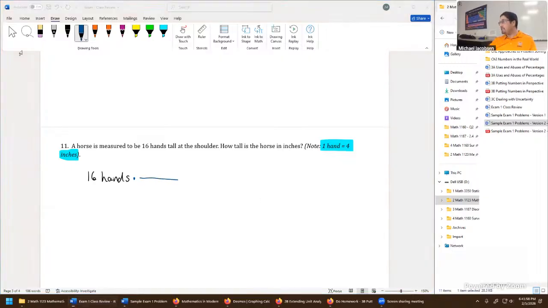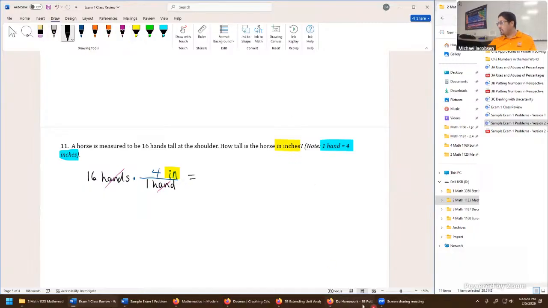We want to know the height in inches, so that means inches should be in the numerator when we write this out. And that directs us, 4 inches should be up in the numerator to correspond to the 1 hand. So we cancel the units like this. We're going to get the overall unit in just inches to match with the problem.